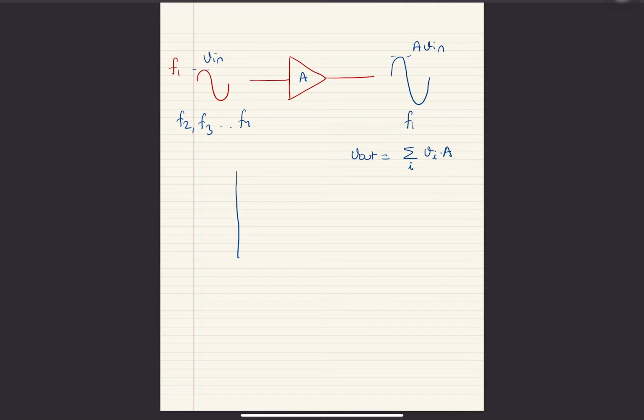In another approach, I can show it like this maybe. Between input and output, assume that this is origin, V out, V in, we expect to have this gain slope constant.